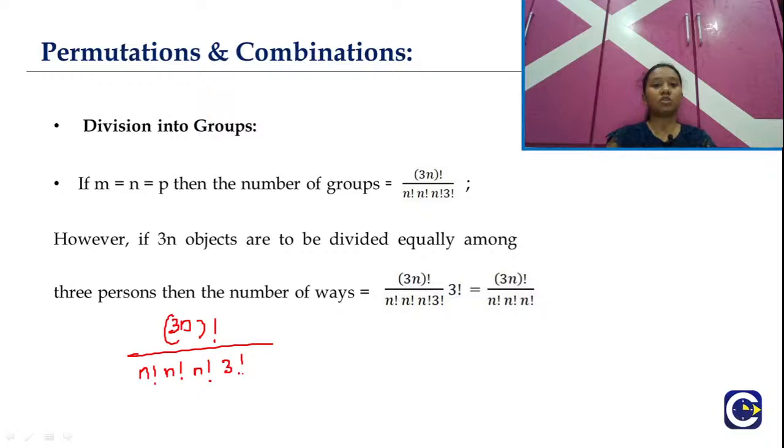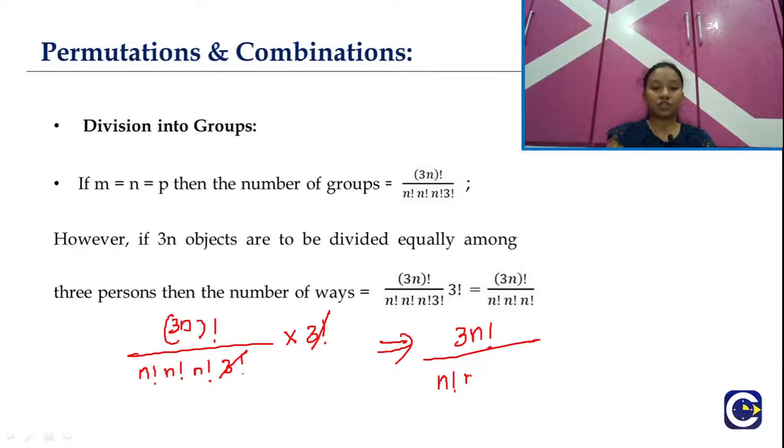That division among people will be the same, so we are dividing equally among 3 persons, so it will be into 3 factorial. Right. This 3 factorial and 3 factorial will get cancelled, and we end up with the number of ways that we can equally divide among the 3 persons as 3n factorial by n factorial, n factorial and n factorial. Right.